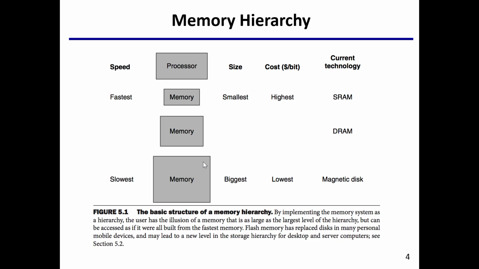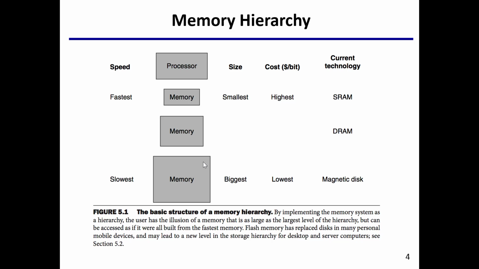The idea is that you build this hierarchy where you've got the processor with its registers at the top of the hierarchy. The registers are the smallest and the fastest memory that's available. And then under there you have progressively larger capacity memories that are also progressively slower.